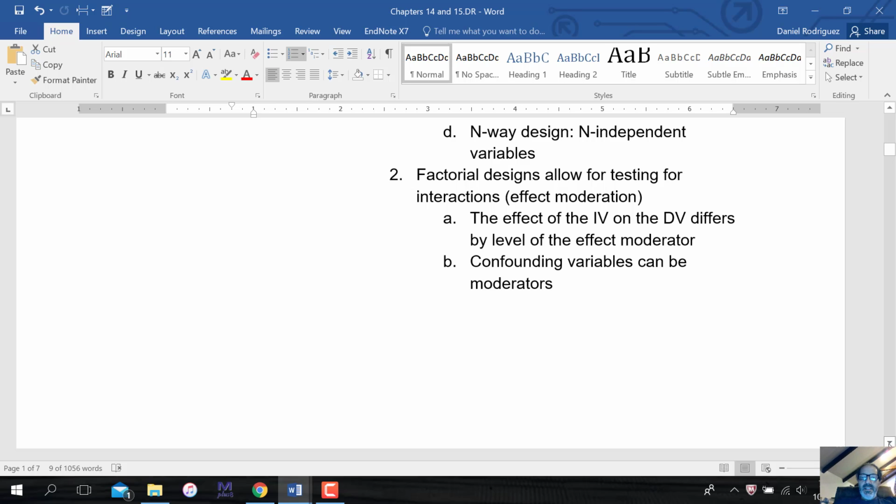Let me step back a second. Confounding variables can either be moderators or mediators. So if I believe that a person's biological sex is a confounding variable in the relation between sunshine pills and happiness, then I can test whether sex moderates the relation between the two.